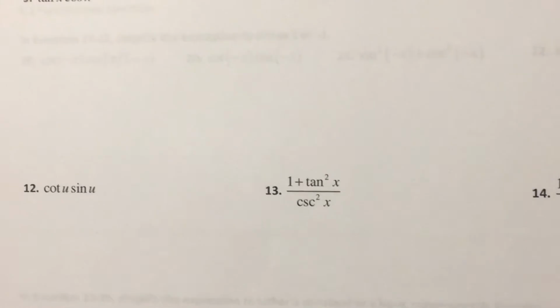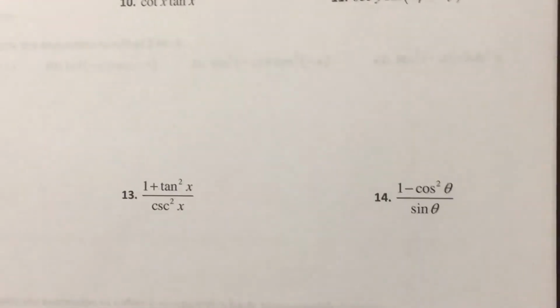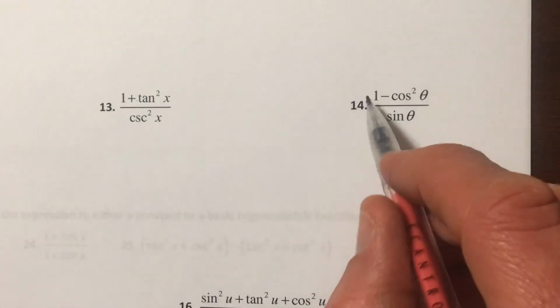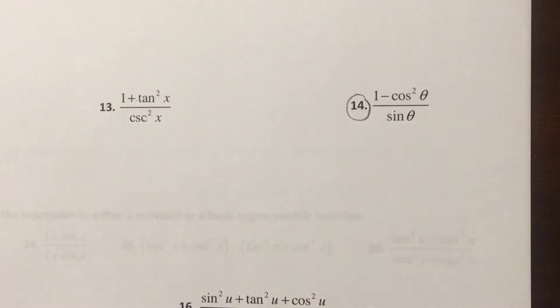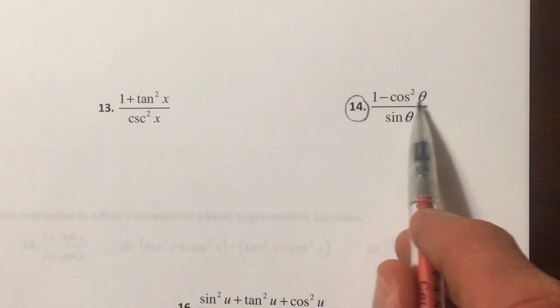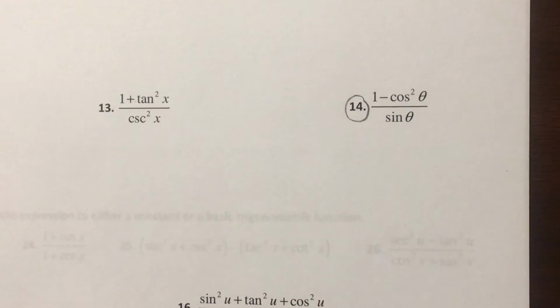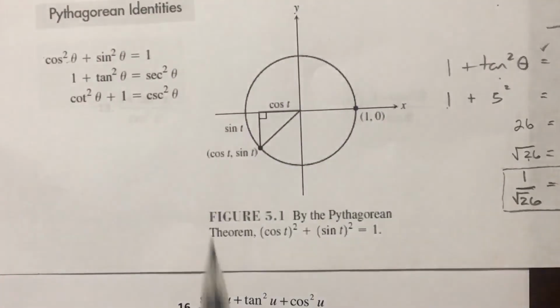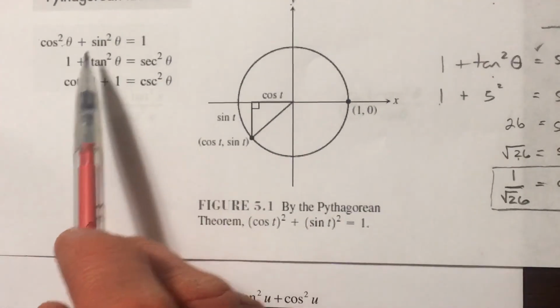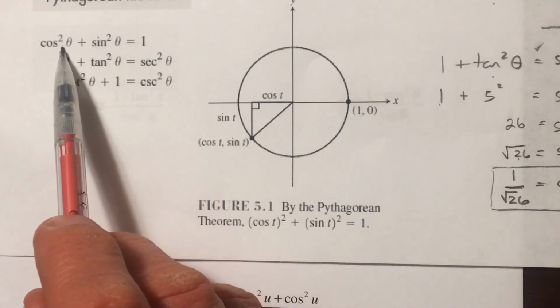Let's take a look at 14. Okay, so 14: 1 minus cosine squared. I'm looking at that, and I don't recognize that in my basic trigs. So I have to go to my Pythagorean identities. The one we were looking at was 1 minus cosine squared.